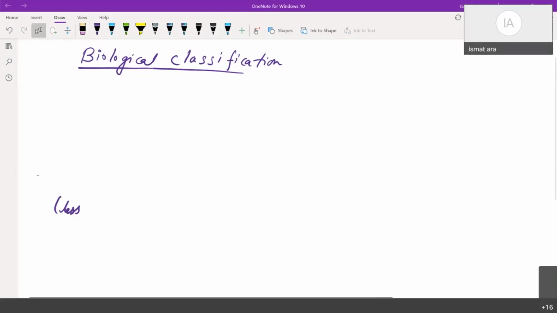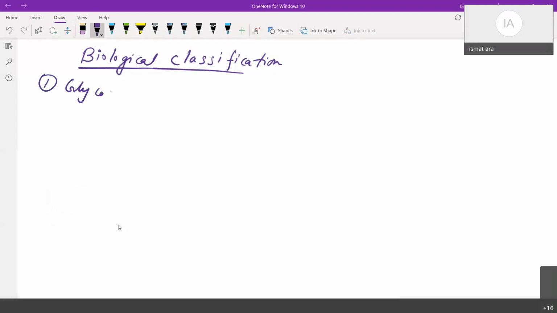The first one I will discuss is glycocalyx. Now, glycocalyx is of two types, students.